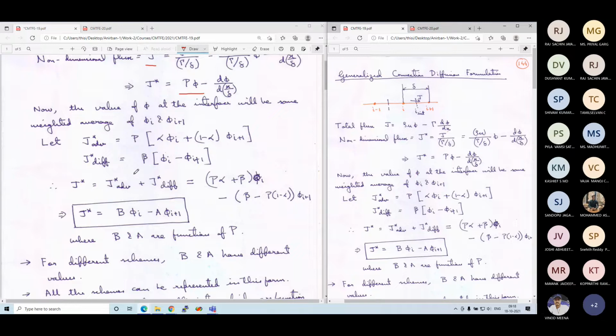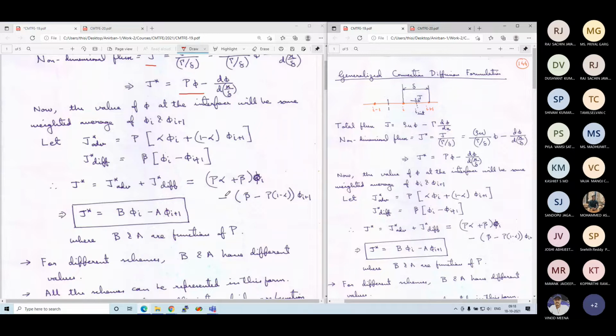Total flux is advective flux plus diffusive flux, which is P into alpha. So we will put all the phi I terms together, P alpha plus beta into phi I, and minus beta, and if we take minus of this, it becomes minus P into 1 minus alpha.